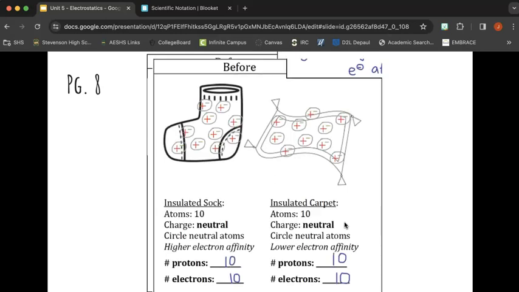So what you're going to do in your packet is you are going to write that down, and you are going to add 10 neutral atoms to each object, to the sock as well as to the carpet. You can pause the video if you need a little bit more time, but I'm going to move on.